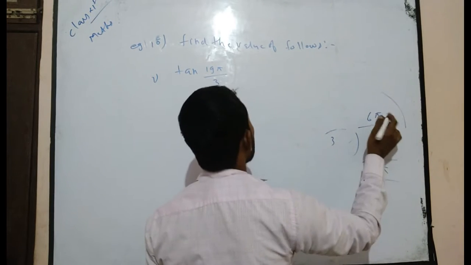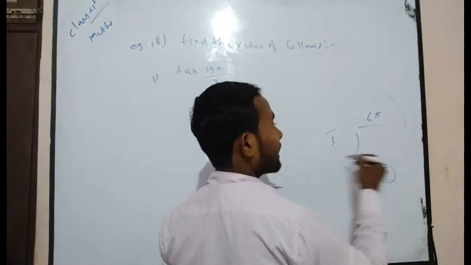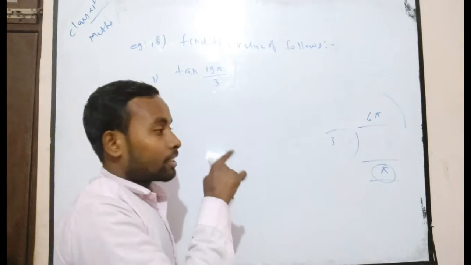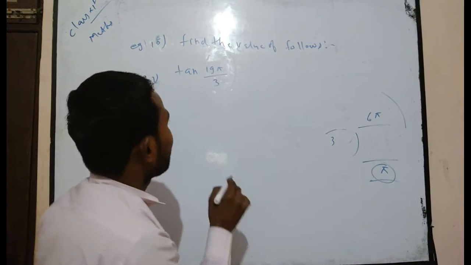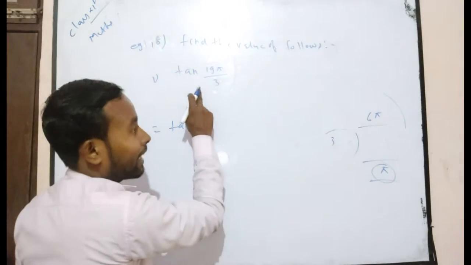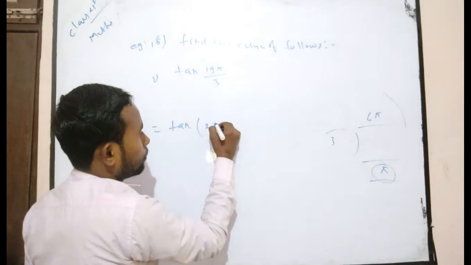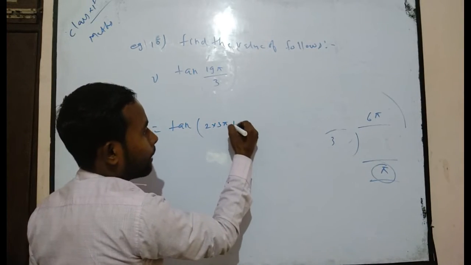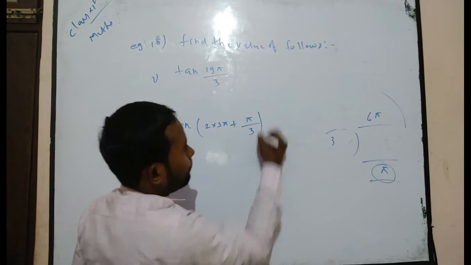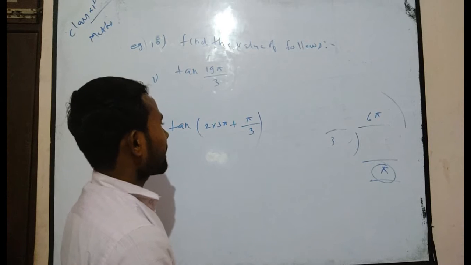Here the remainder is pi. That is, you can write this angle as 2 into 3 pi plus pi by 3. How can you write it? It is very simple.